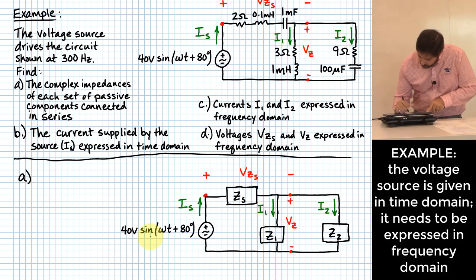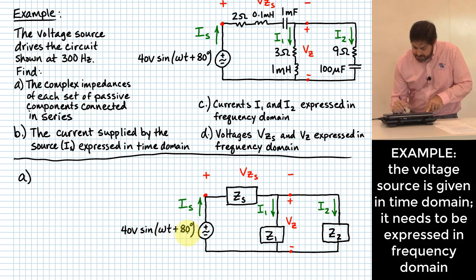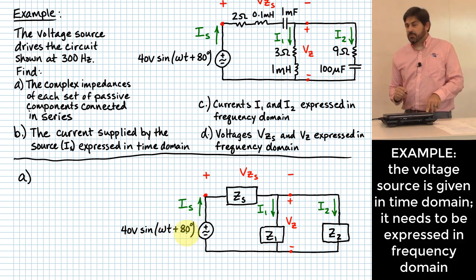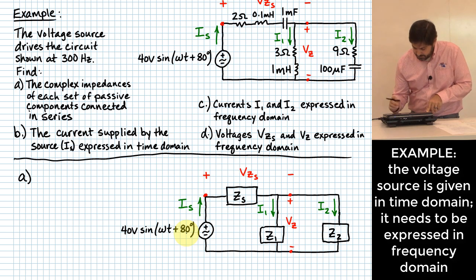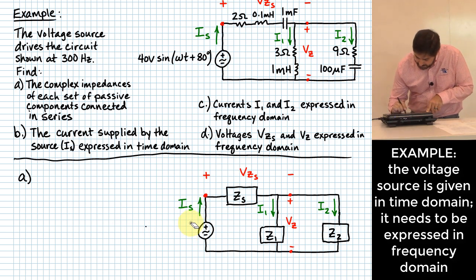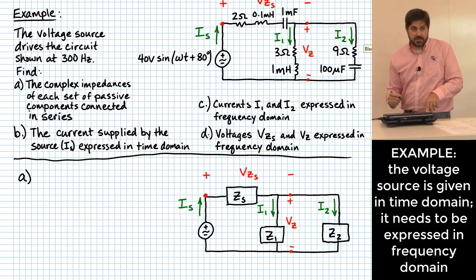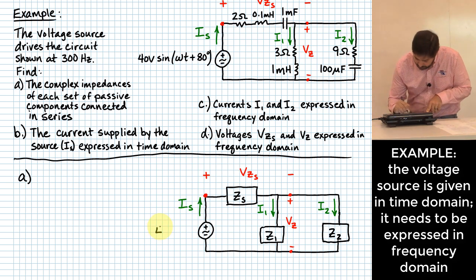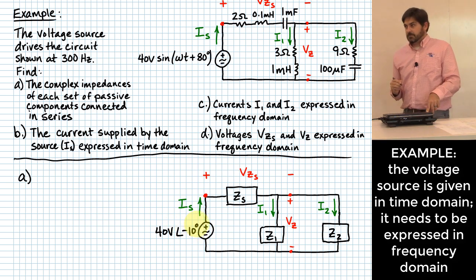Okay? 40 volts sine of omega t plus 80 degrees, how should I convert that? 40 volts at an angle of 80 degrees minus 90 degrees, right? So this would be 40 volts at an angle of minus 10 degrees, right?